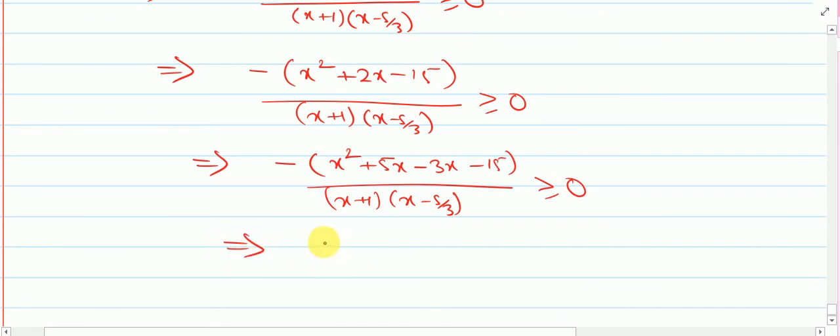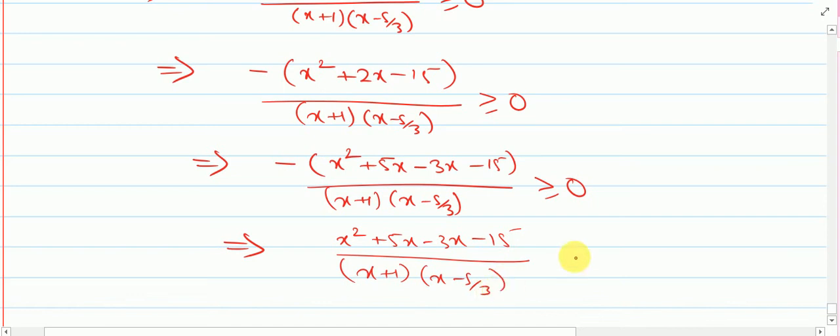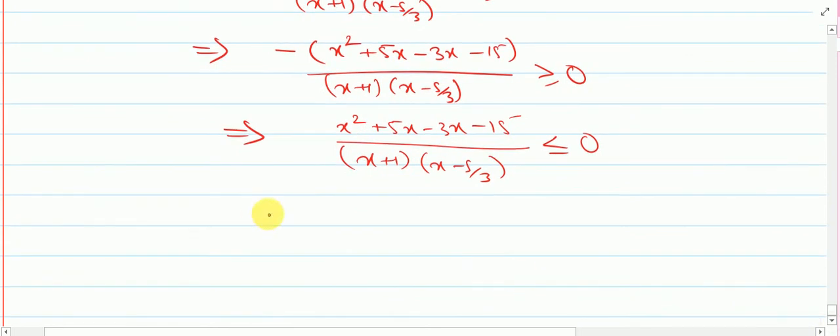In the next step, this minus sign is there. Suppose I want to remove this minus sign, then I have to multiply both the sides by minus 1. So in that case this direction has to change. So I can write x square plus 5x minus 3x minus 15 upon x plus 1 x minus 5 by 3 less than equal to 0, because I am multiplying both the sides by minus 1. So whenever you are multiplying by a negative number, the direction has to change.